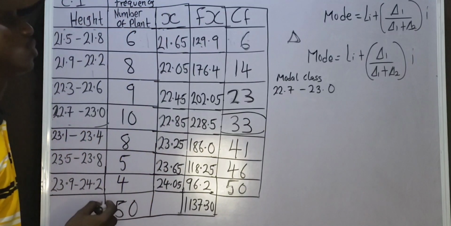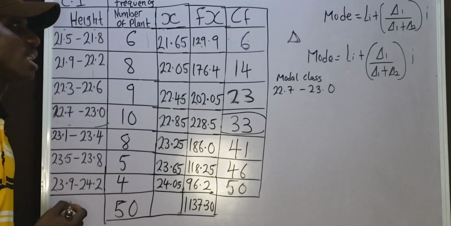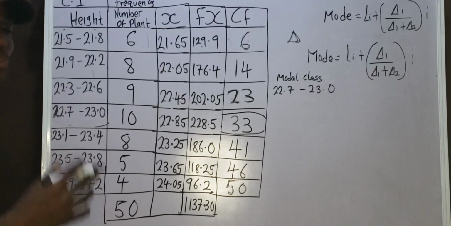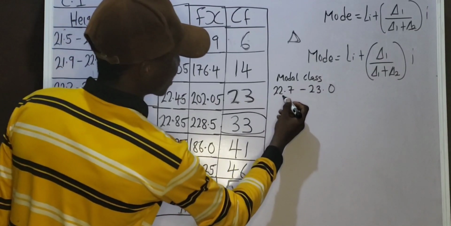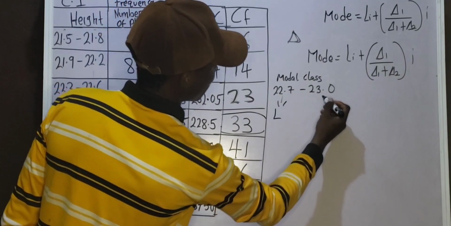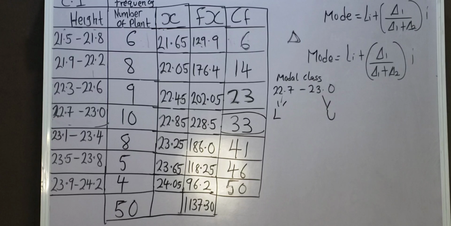So now we want to determine the class boundary. How do we determine the class boundary? You have to subtract 0.5 from the lower class interval, and add 0.5 to the upper class interval.